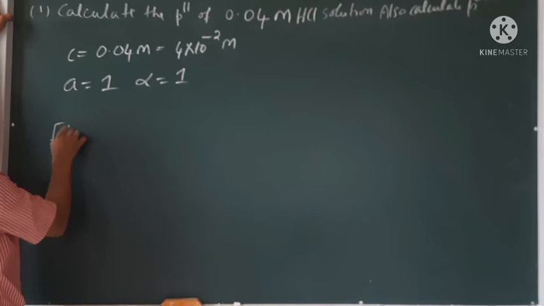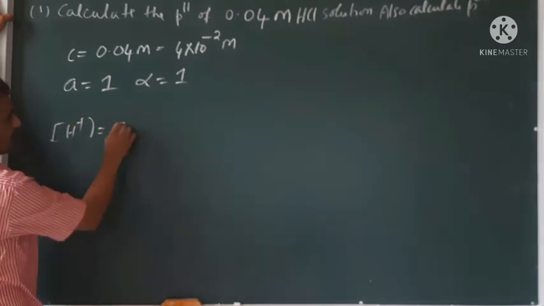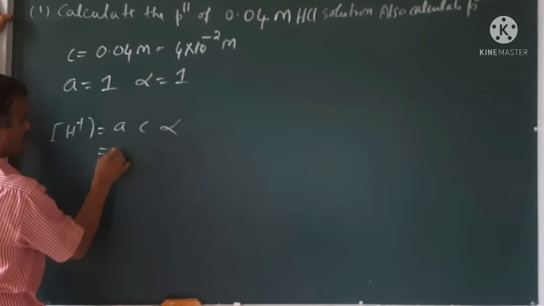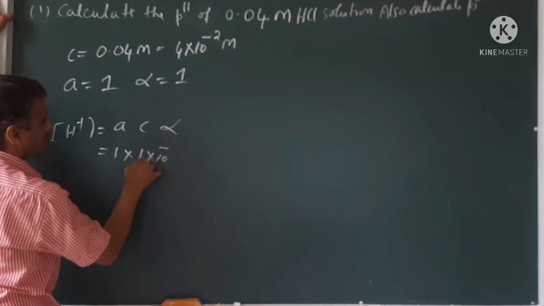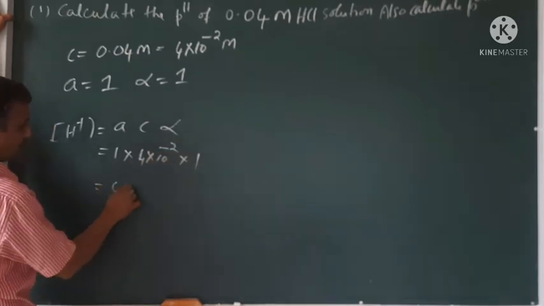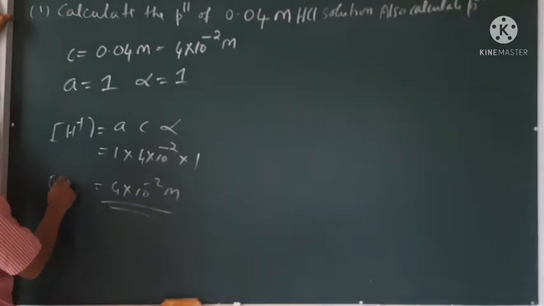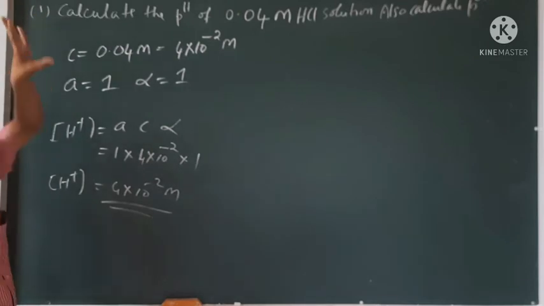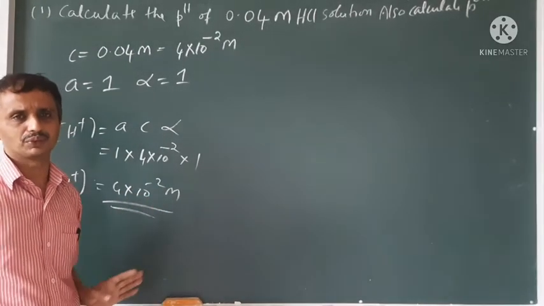So H plus ion concentration is equal to A into C into alpha, which is 1 into 4 into 10 to the minus 2 into 1, equal to 4 into 10 to the minus 2 M. Again and again I repeat, simply don't waste this much time in competitive exams.